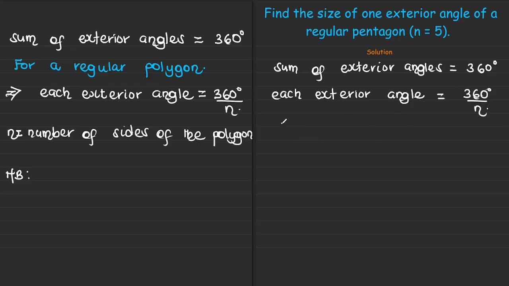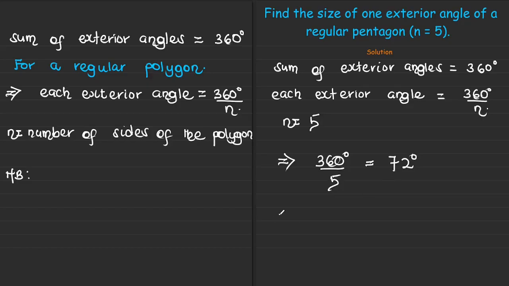And take note, we said that n is what? 5. That is a pentagon. So each exterior angle, or the one exterior angle that it says we should solve for, is 360 degrees divided by 5, which gives us 72 degrees.